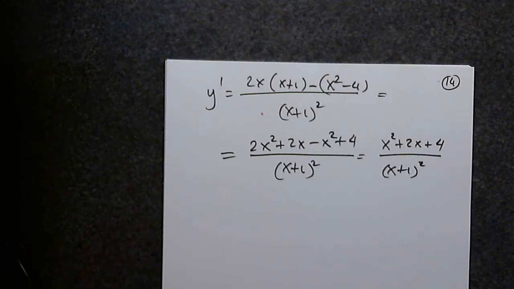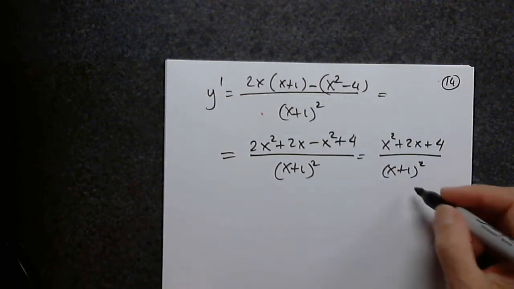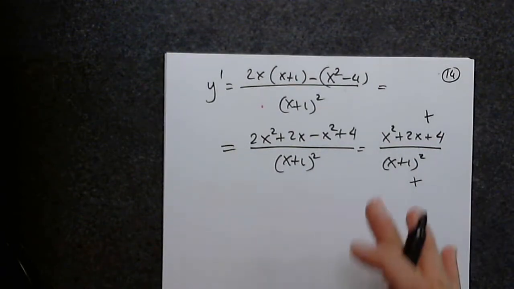However, I like it because the numerator doesn't have real solutions. Negative b plus or minus the square root of b squared minus 4ac. I like it. This is always positive. Let me show you why.